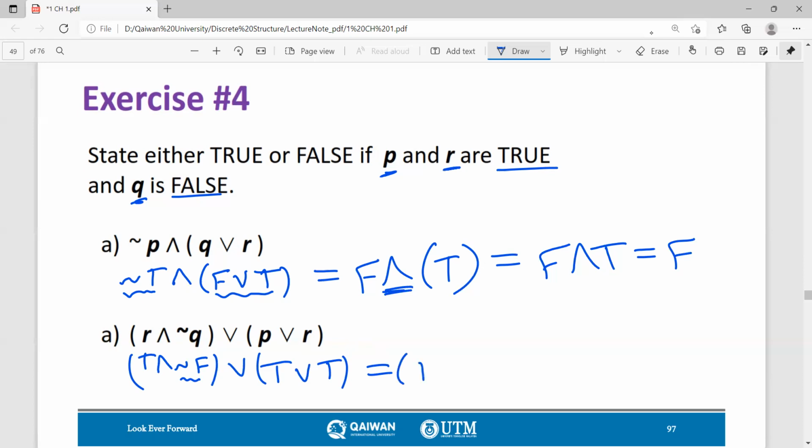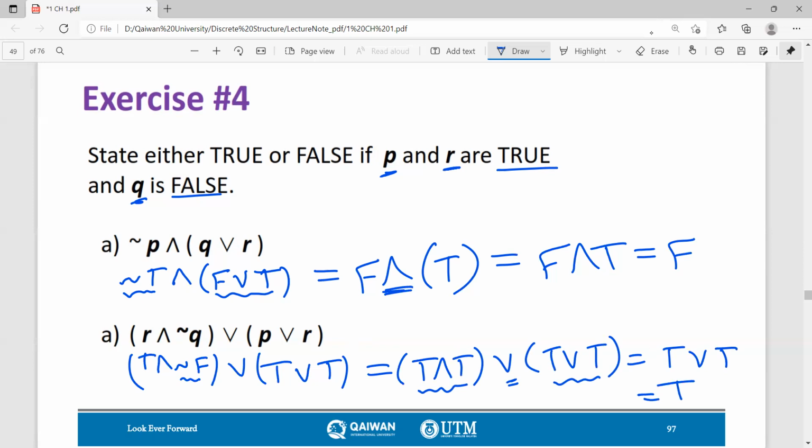We get true and true, or true or true. Here, true and true is true. True or true is true. So the result is true. So this statement is true, but this one is false.